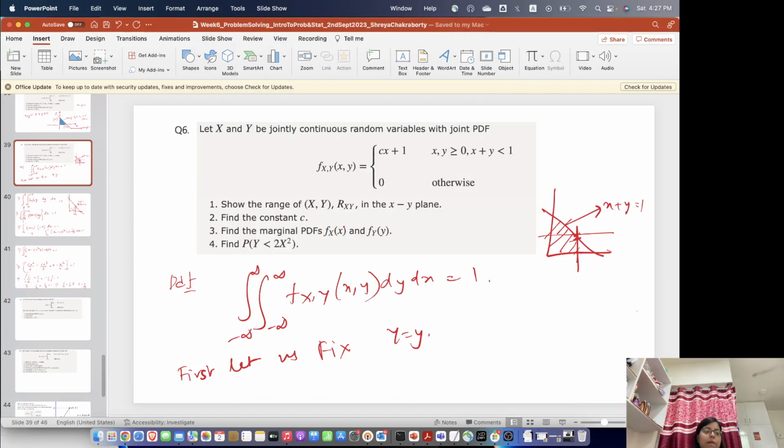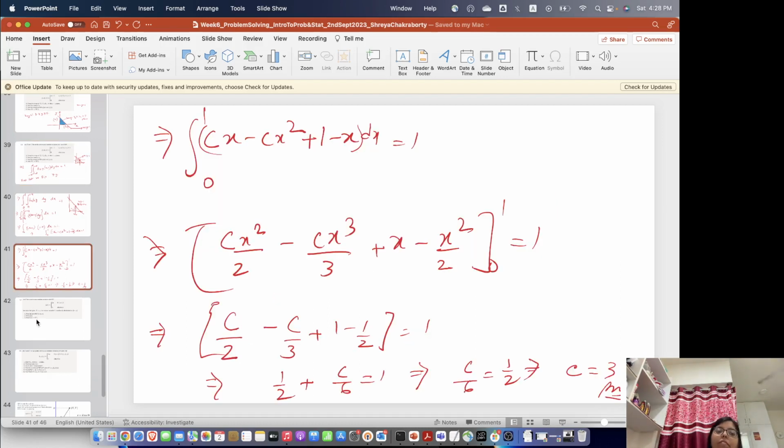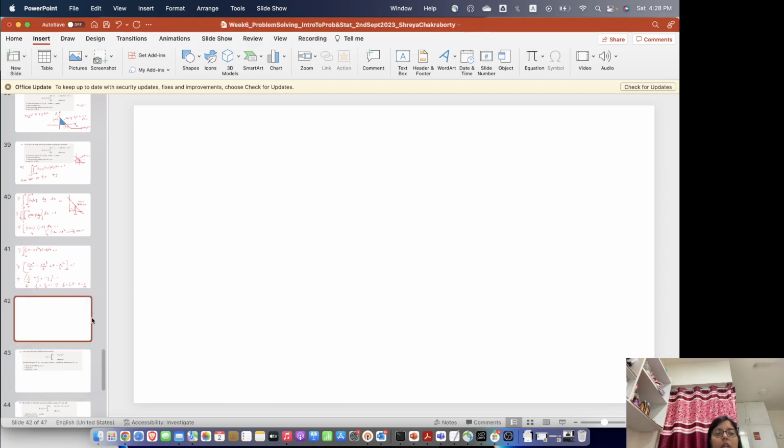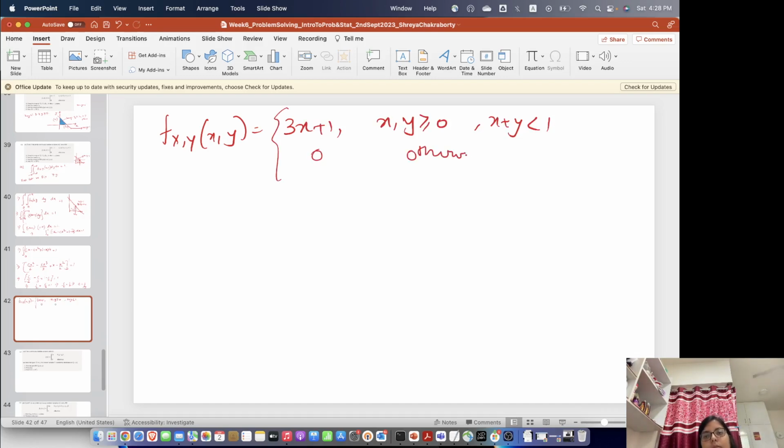Now that we have c, we have to find out the marginal PDFs of x and y. Here f_XY(x, y) was cx plus 1, so c is 3. So 3x plus 1 when x and y are greater than or equal to 0 and x plus y is less than 1, and 0 otherwise. So this is the distribution.